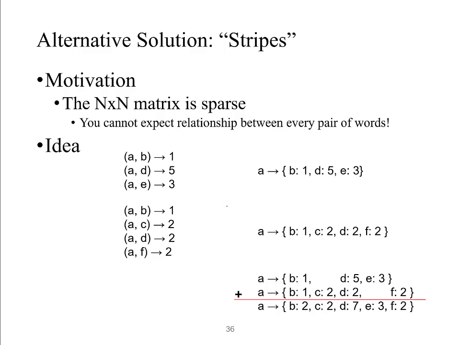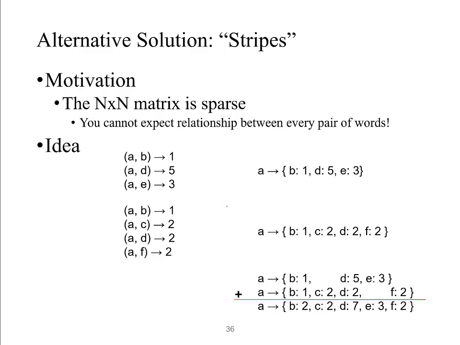So this motivates us to have this alternative solution, which is to use stripes. Here the stripes concept is similar to some extent to the one that we have introduced in erasure coding, but they're not exactly the same, or we could say they're quite different. All right.